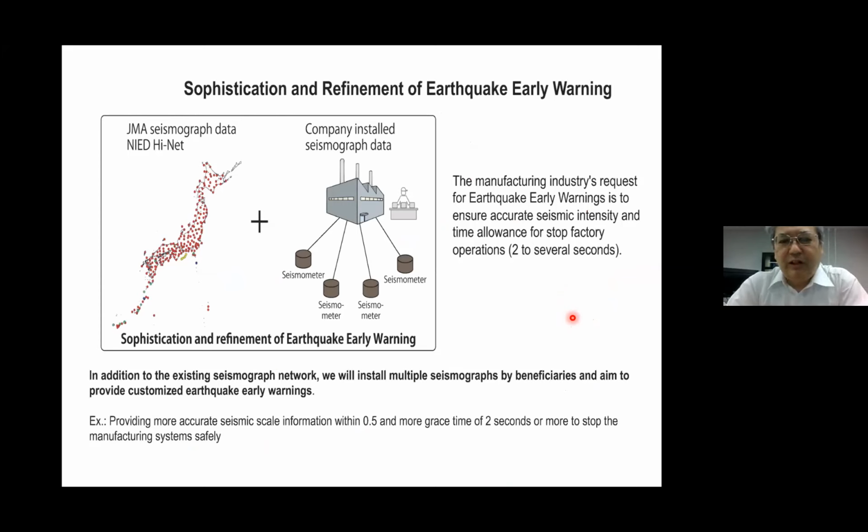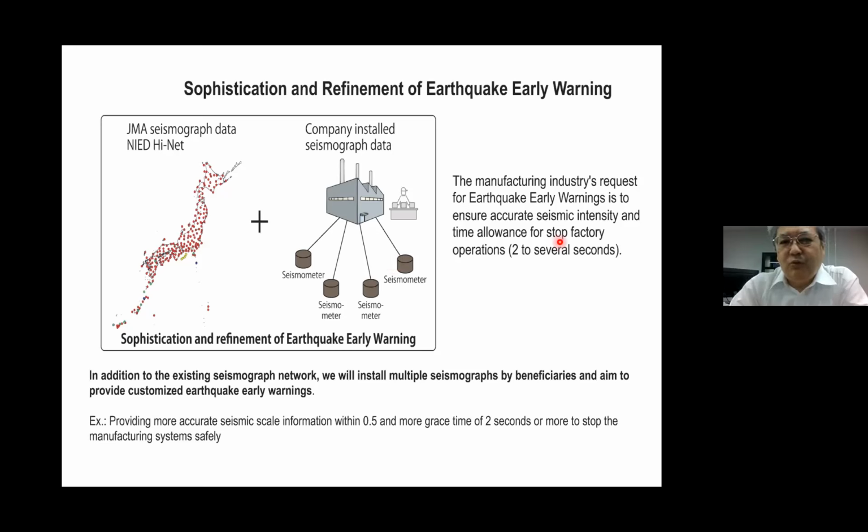As I told you, the current system is not so effective for earthquakes in the vicinity of the client. Why? Because we use public seismic data, which is not designed for a company or client itself. To improve this, we need to merge the network system all over Japan and individual sensor systems.